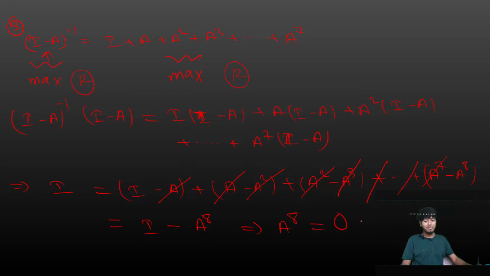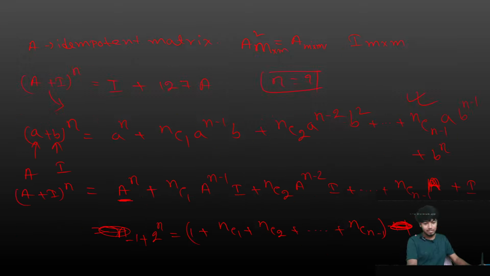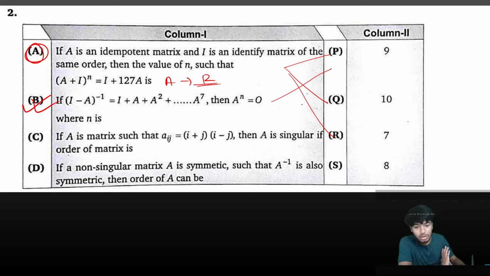Okay, that implies n equals 8. A to the power 8 gives 0, we are getting 0. So B goes to S.